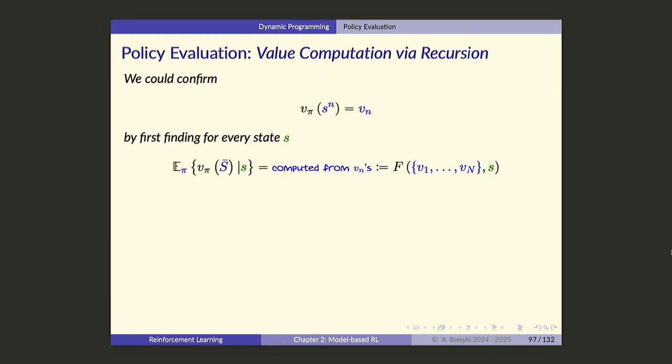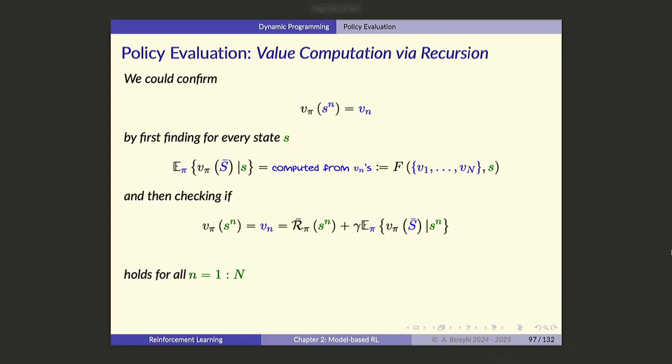This term is computed out of the values I had. All of these values I put initially for my value vector, I put them here, v1 to vn. And then this term plus the immediate reward should be exactly the same thing.